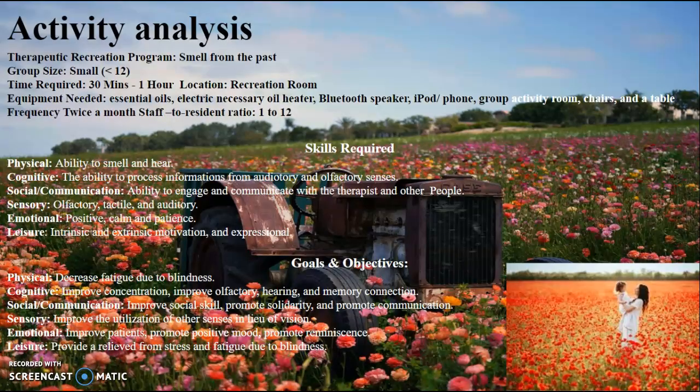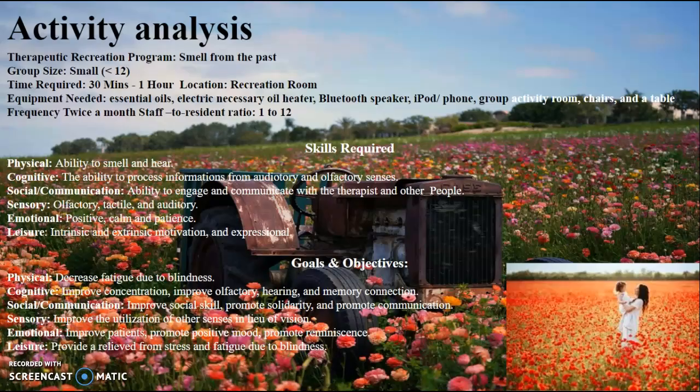So the activity analysis, I'll go through it real quick. The activity analysis is called Smell from the Past. Basically, you have a small group, which is 12 or less, for 30 minutes to an hour in a recreation room. Equipment is essential oil, electric oil heater, Bluetooth speaker, phone, group activity room, chairs and tables.